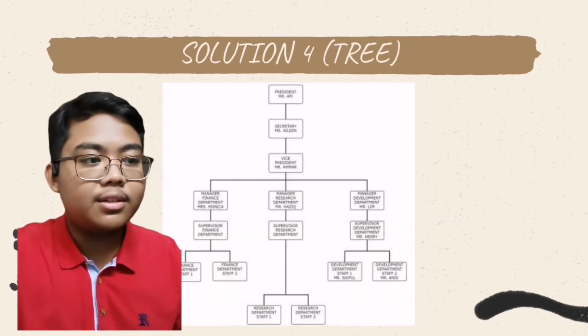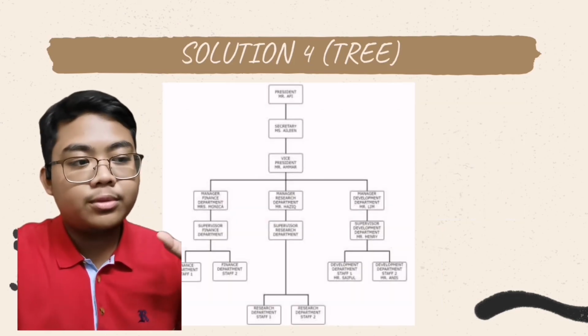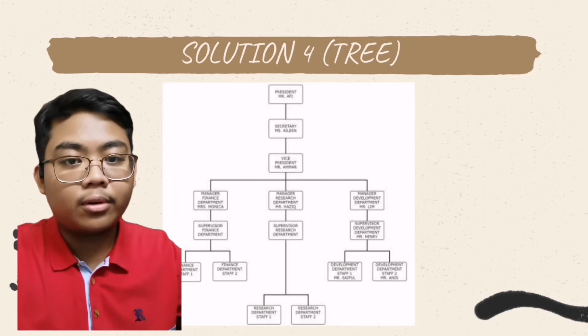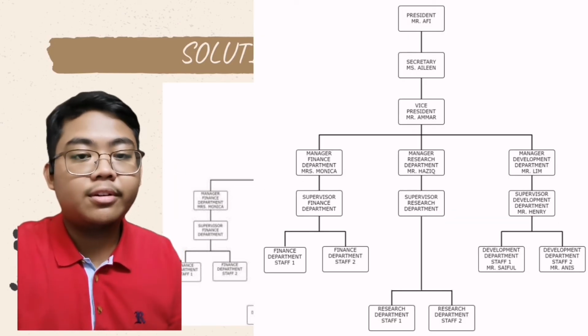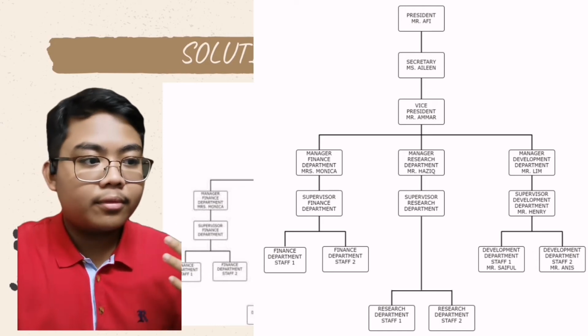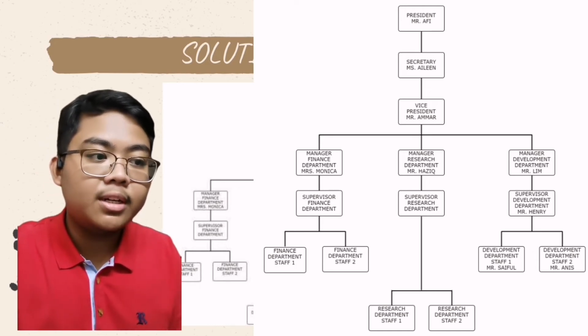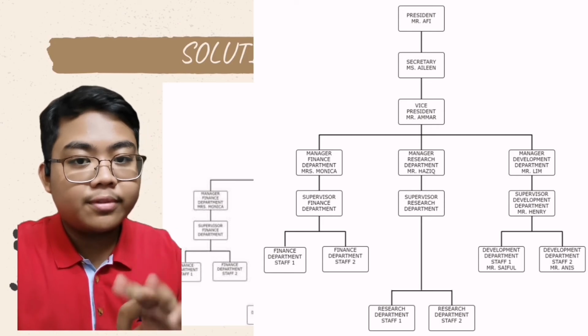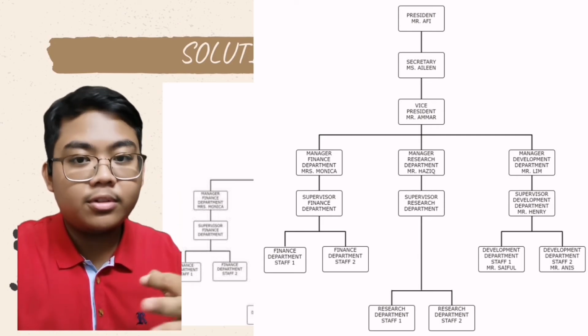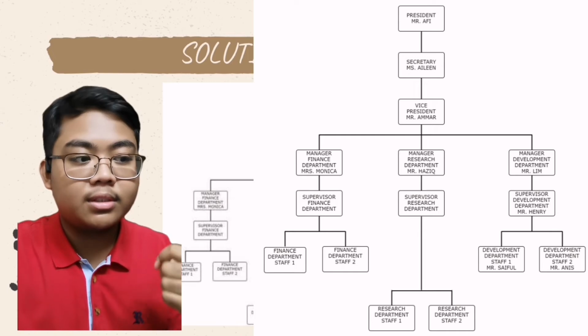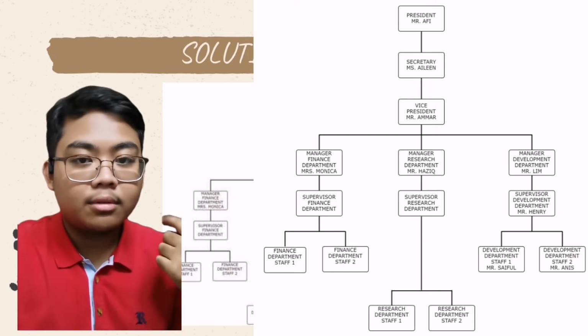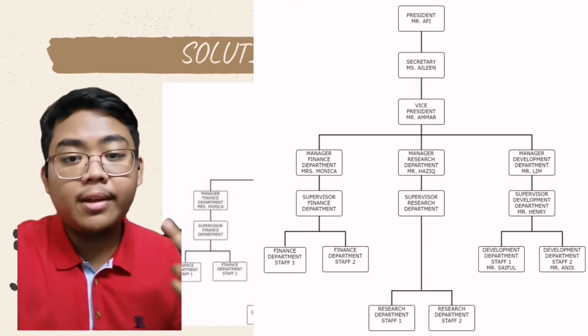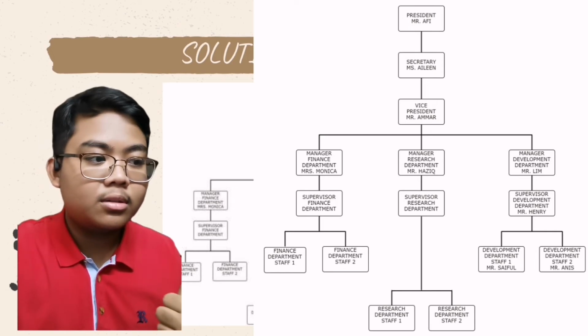If you can see in this diagram, we put on top President Mr. Afif. For the second one, we make a secretary, Miss Eileen. For the third one, we make Vice President Mr. Amar. There are three different departments, which are finance department, research department, and development department.